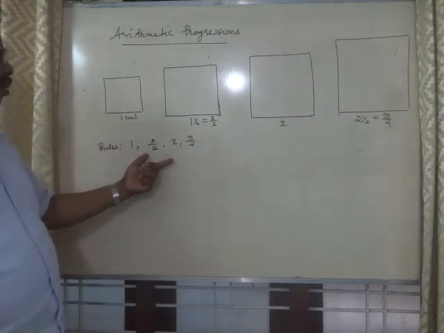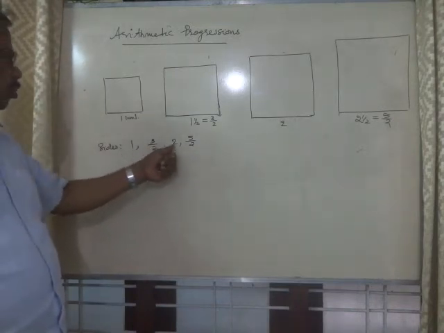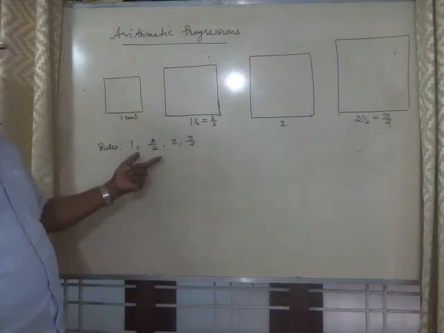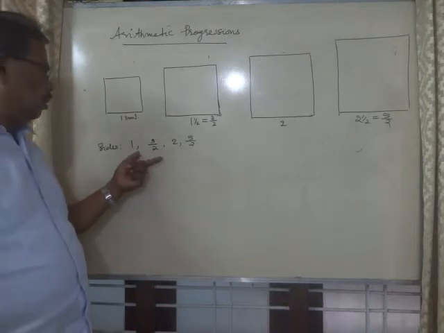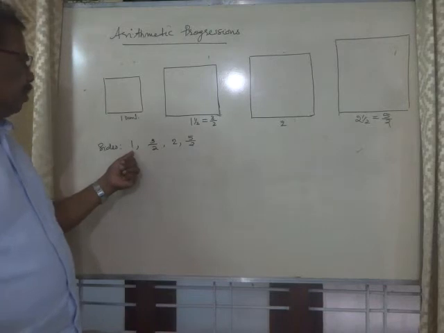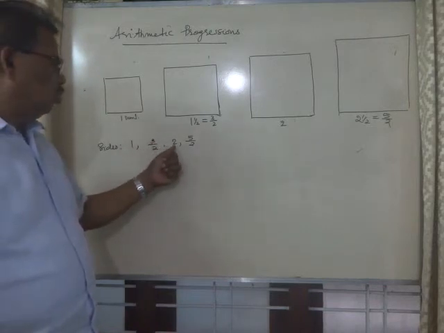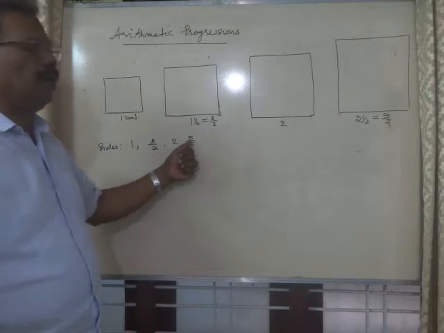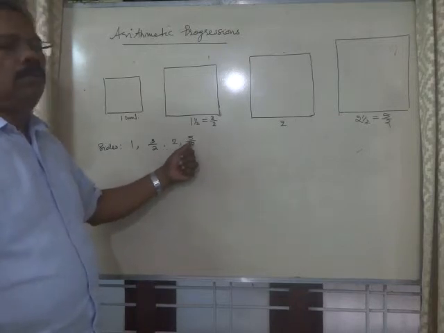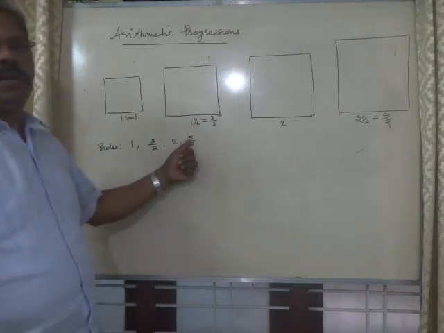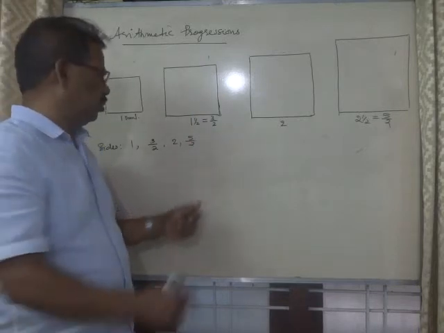The side lengths are noted 1, 3 by 2, 2, 5 by 2. This is in AP. How? 1 plus half is 1 and a half, 1 and a half plus half is 2, 2 plus half is 2 and a half. Now the consecutive terms differ by half unit. So this is an AP.